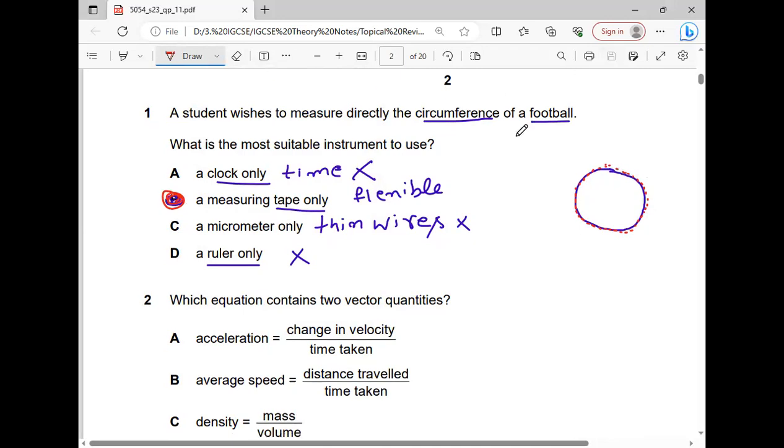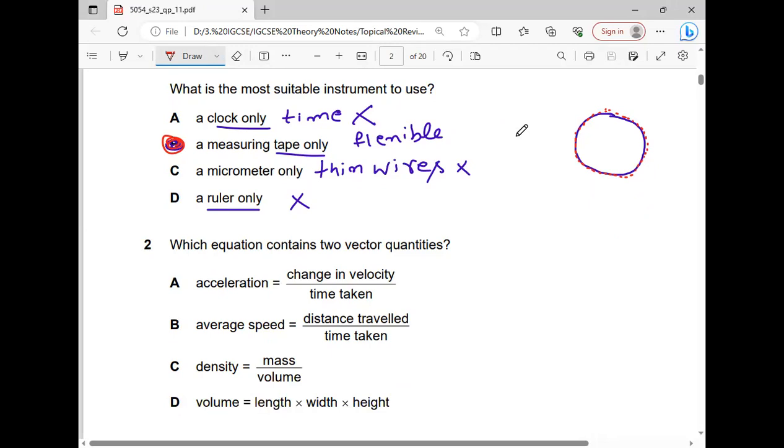Question number 2. Which equation contains two vector quantities? So we will discuss scalar and vector one by one. Acceleration, vector; velocity, vector; time, scalar. Speed, scalar; distance, scalar; time, scalar.